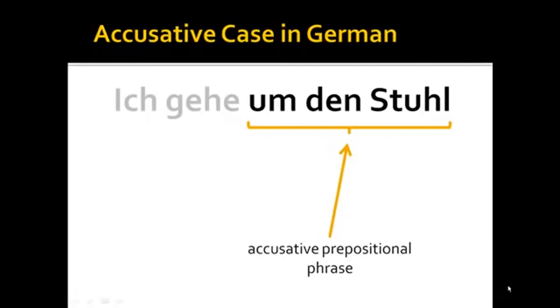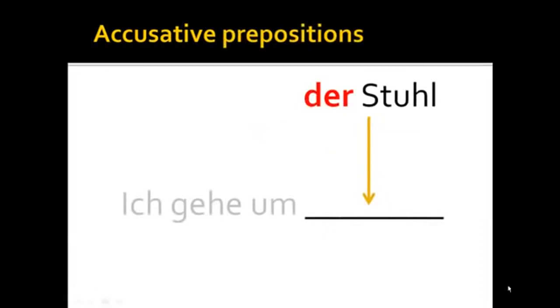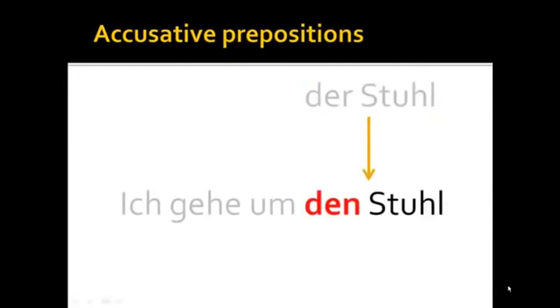So everything between the preposition, or around, and the first noun that it modifies, den Stuhl, is going to be thrown into an accusative prepositional phrase. And since it's going to be an accusative prepositional phrase, of course, the object that it will modify, der Stuhl, as you see in this slide, will have to change into an accusative object.